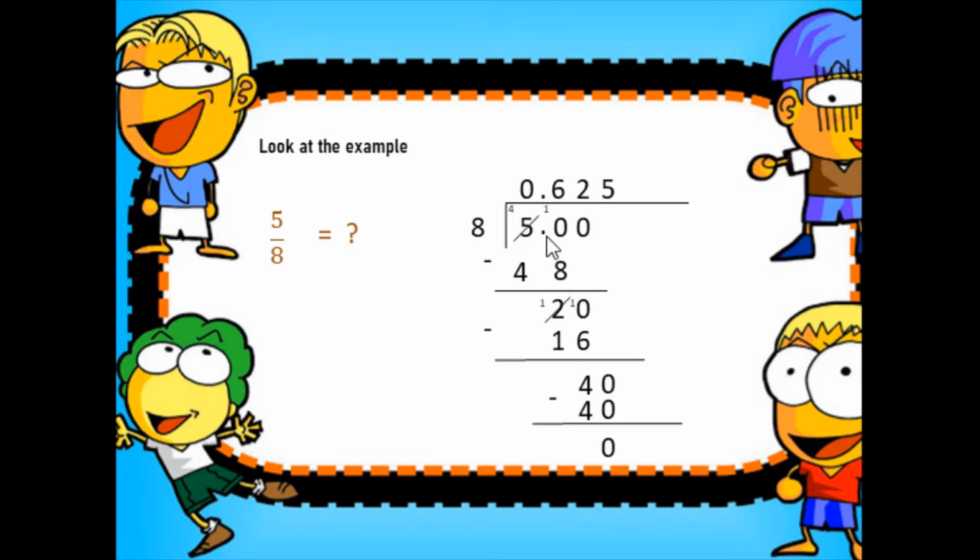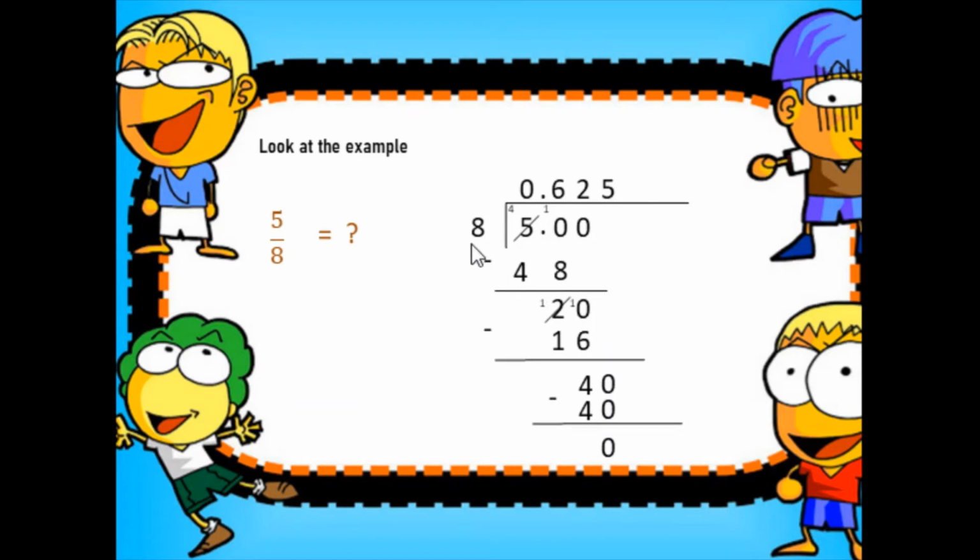Now, let's subtract 48 from 50. That becomes 50 minus 48 equals 2. Okay, 2 divided by 8? Cannot. Good job. So, we add 0.